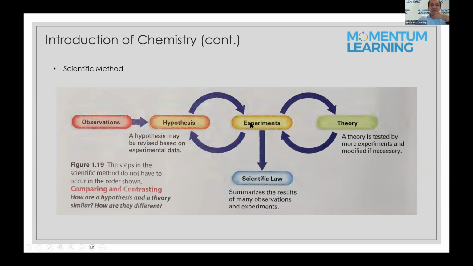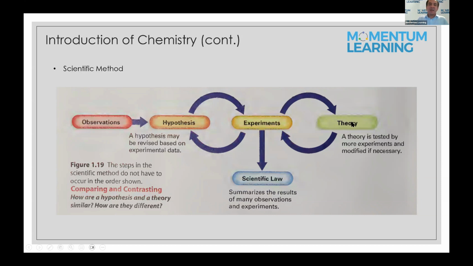You are testing it. And if your experiment verifies that your explanation, which is the hypothesis, is correct, you are repeating that many, many times, and all the time it is coming out correct, then that hypothesis, your explanation, may become a theory.